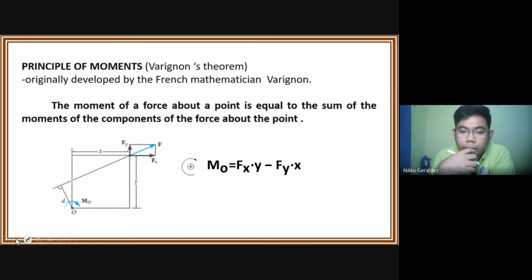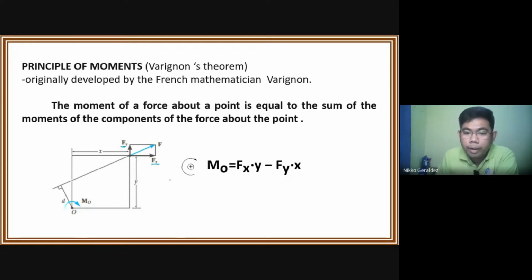Ano daw yun? Kung meron ka daw force F, the moment of the force F is equal to the sum of the moments of its components. Ibig sabihin, pag kinuha mo yung components ng force F, meron kang x component, Fx, and y component, Fy.